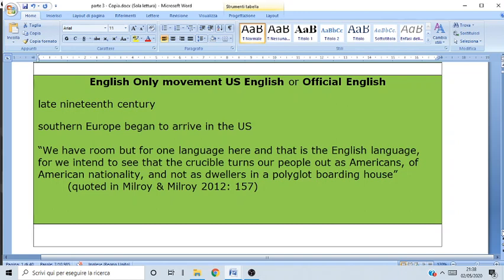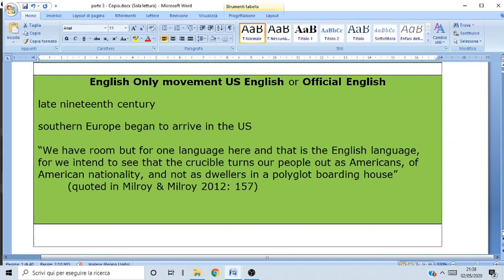And the idea is basically this. We have room for but one language here, and that is the English language. For we intend to see that the crucible turns our people out as Americans, our American nationality, and not as dwellers in a polyglot boarding house.